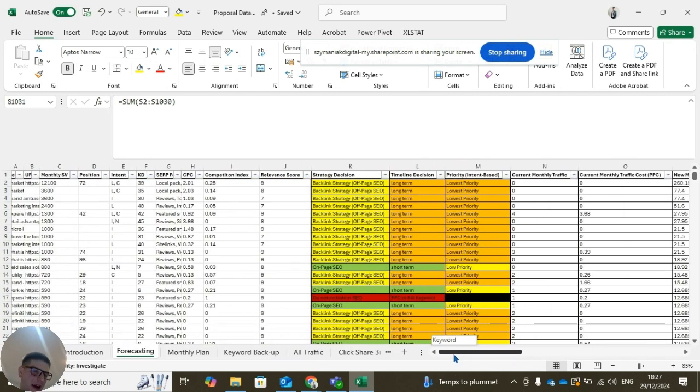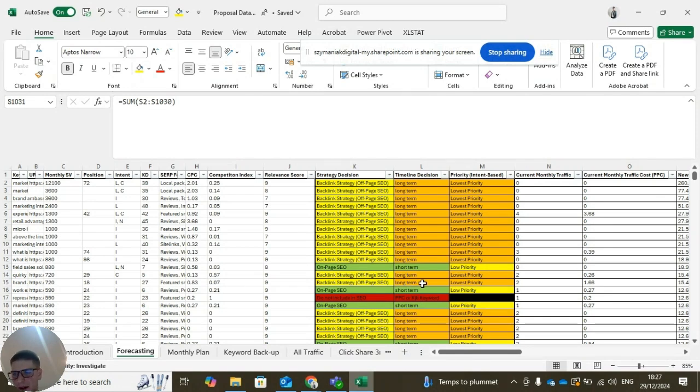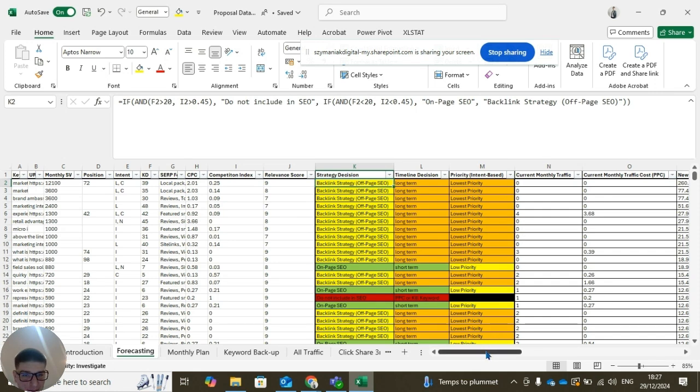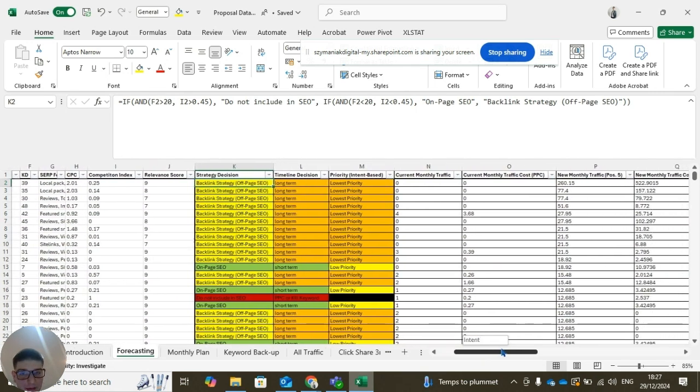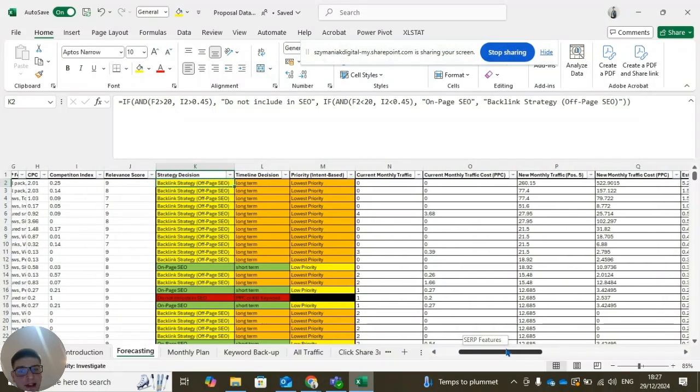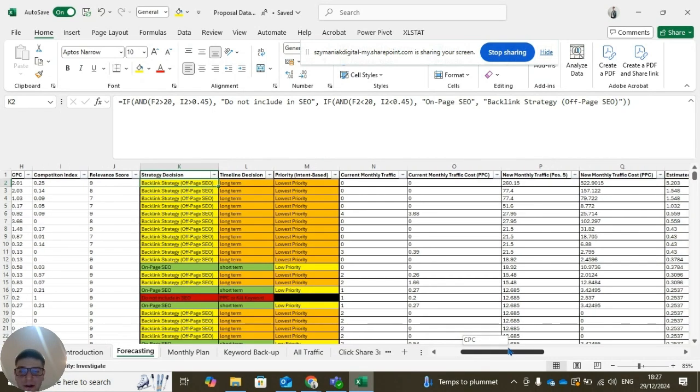With every single client, that's what I do. I get the basic SEO data, and I try to show the potential client how I go about identifying the strategy, the timeline, and my decision trees, what I would prioritize.